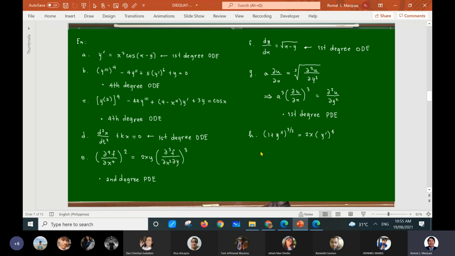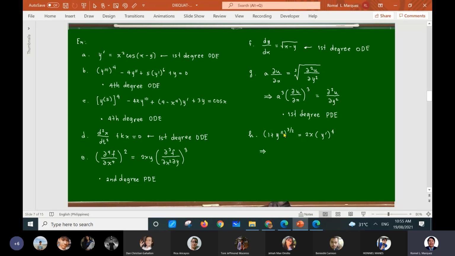So let's rationalize this first, meaning get rid of this fractional exponent. What is that smallest number that will make it a positive integer, guys? 3/2. We have to raise to what? You have to raise to 2. To 2 only.